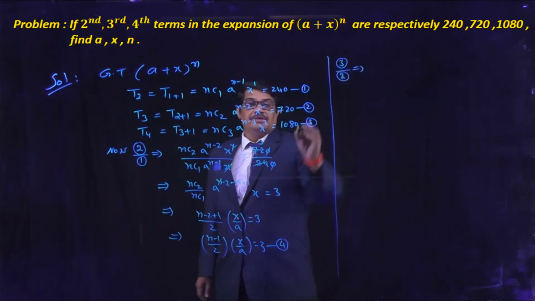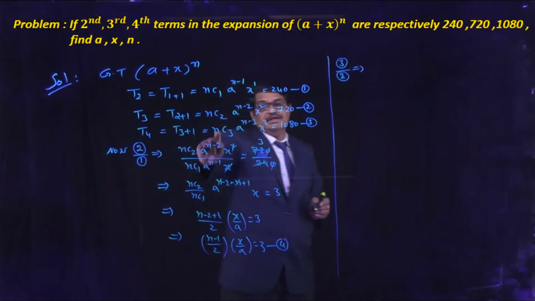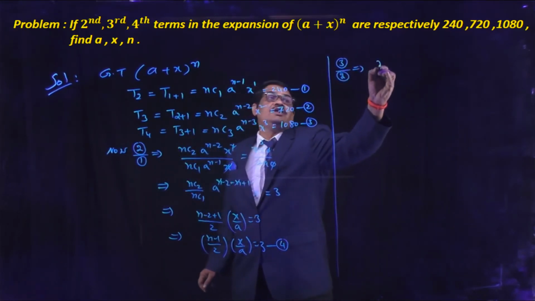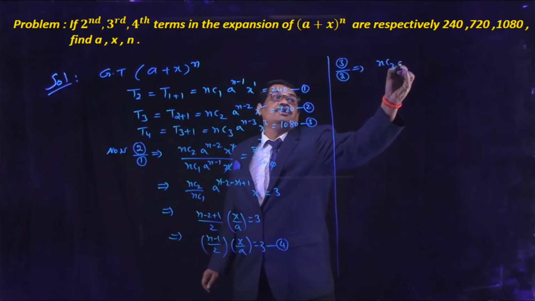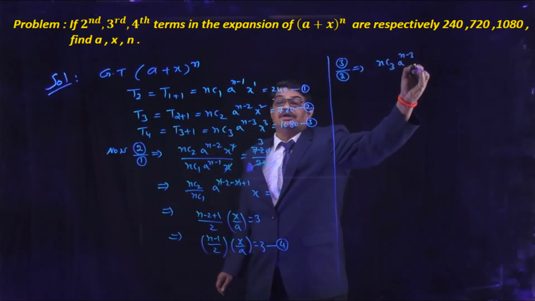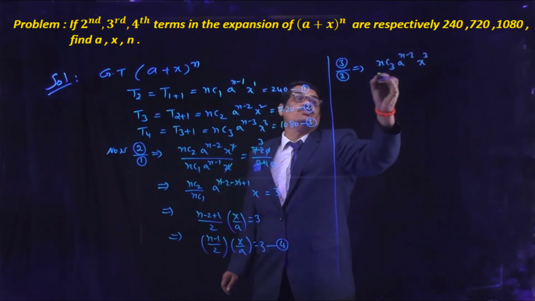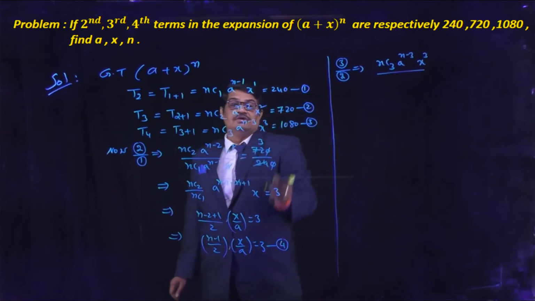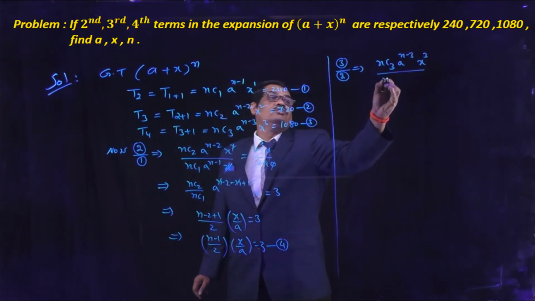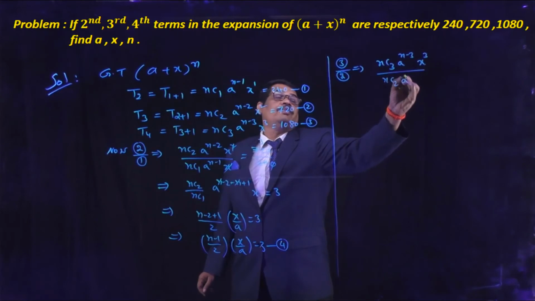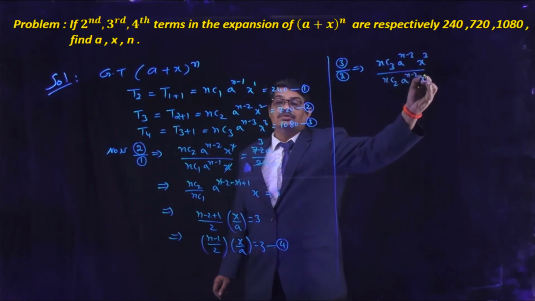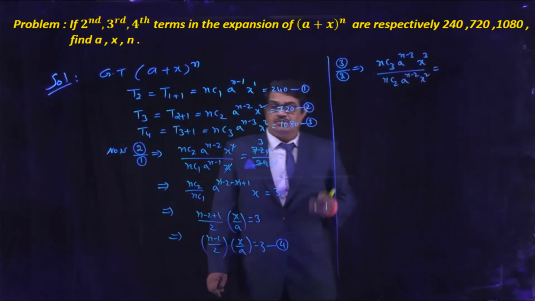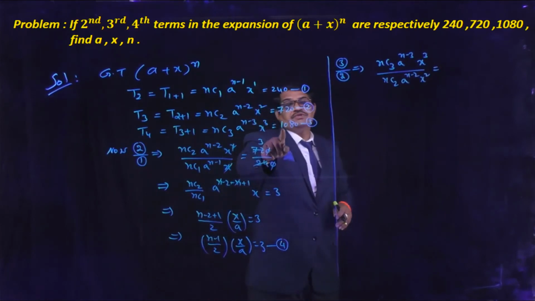Equation 3 LHS is nC3 a to the power of n minus 3 into x cube, by equation 2, that is nC2 a power n minus 2 into x square, is equal to, on the RHS, what is equation 3?